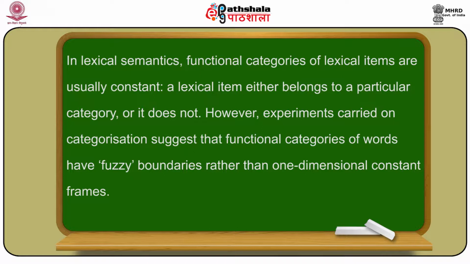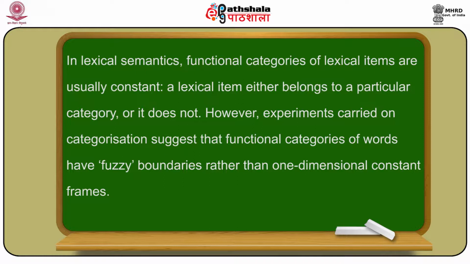So, traditionally, we identify that a word belongs to either this category or that category. Either it is a noun or an adjective, either it is past tense or present tense, or something like that. So, we always believe that words belong to one particular category or the other.